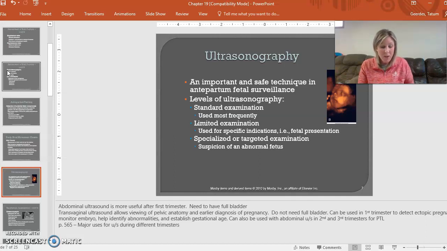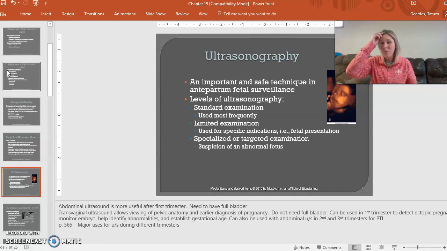So what it does is it provides critical information about fetal activity, the gestational age of the fetus, normal versus abnormal fetal growth patterns. It allows us to visualize what's going on in utero, especially if we have to do any more invasive tests like an amniocentesis. It allows us to see fetal and placental anatomy, and it's used to assess fetal well-being in general.